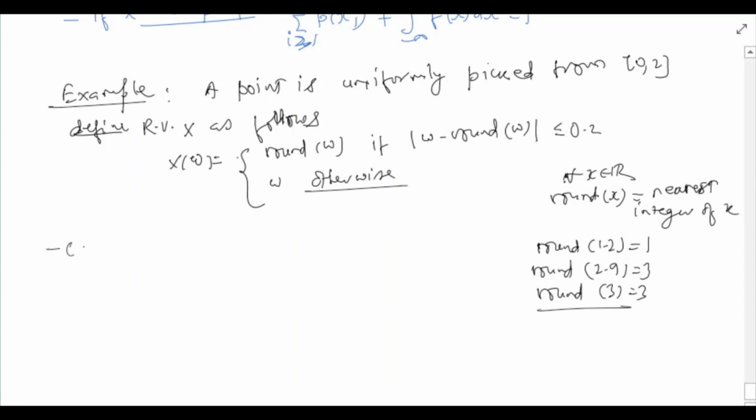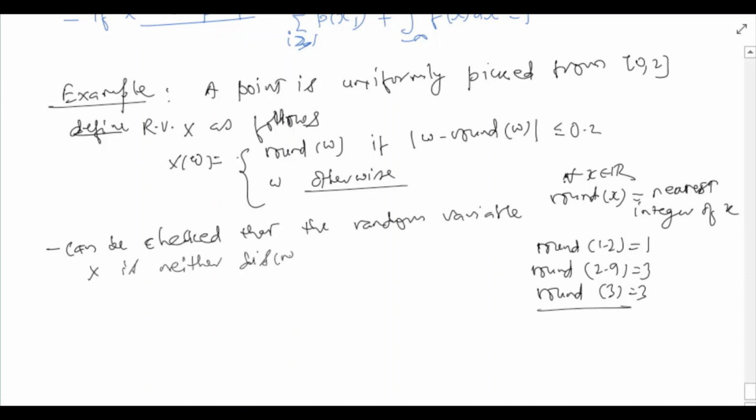It can be checked that X is neither continuous nor discrete. Check that the random variable X is neither discrete nor continuous.